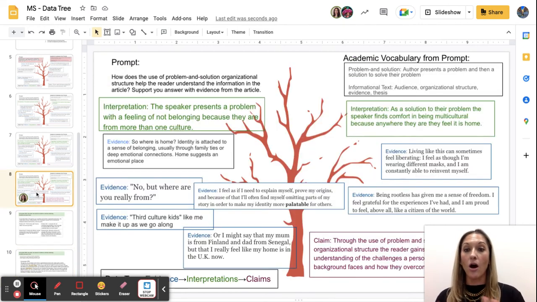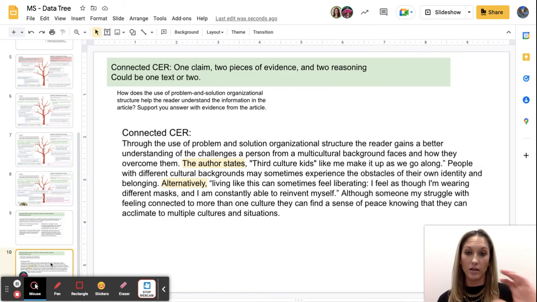We have all the evidence here. We chose two different quotes, but we have plenty of evidence and plenty of thinking as I annotated and pulled text evidence to then build multiple connected CERs to then complete a full analytical essay.